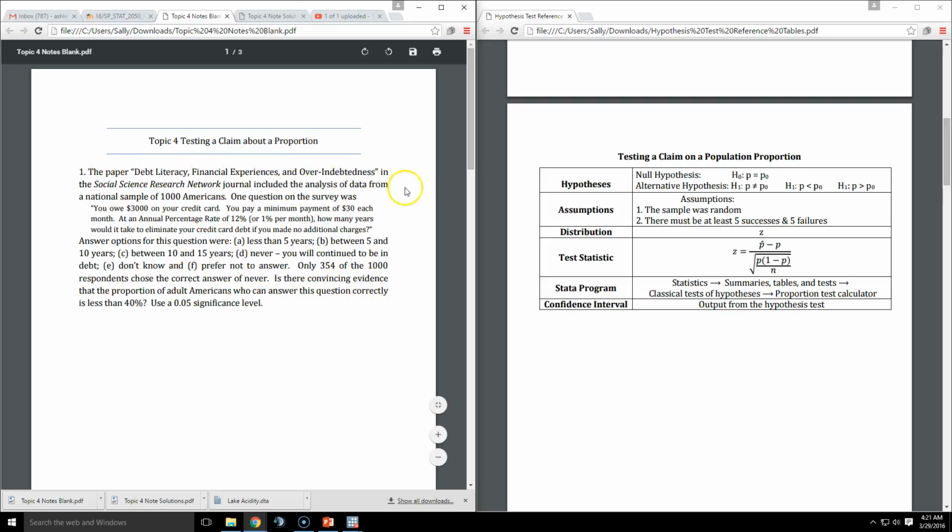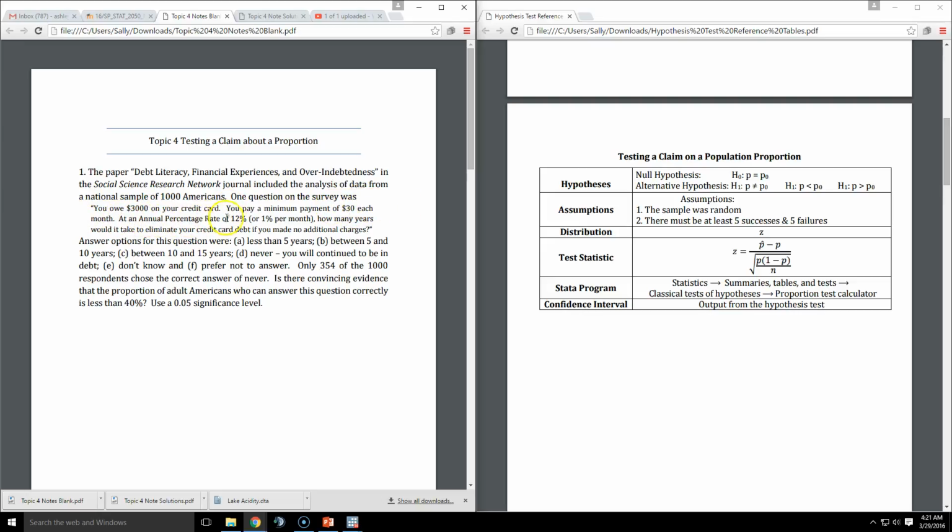So the paper Debt, Literacy, Financial Experiences, and Over-Indebtedness in the Social Science Research Network Journal included the analysis of data from a national sample of 1,000 Americans. One question on the survey was, you owe $3,000 on your credit card. You pay the minimum payment of $30 each month.